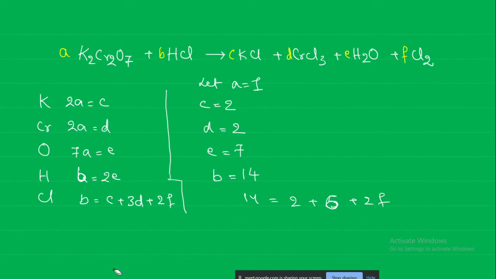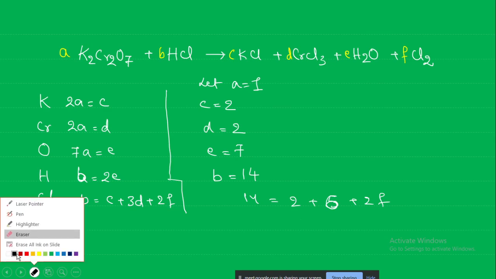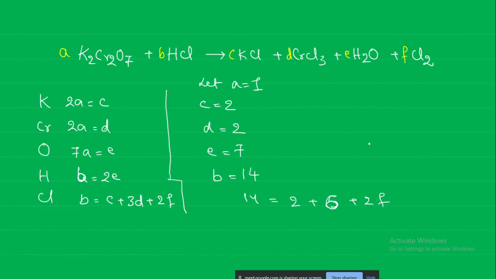So overall, this is the equation we have got. What are the values? A is equal to 1. A is here this potassium dichromate. A is 1. For HCl, B is 14.